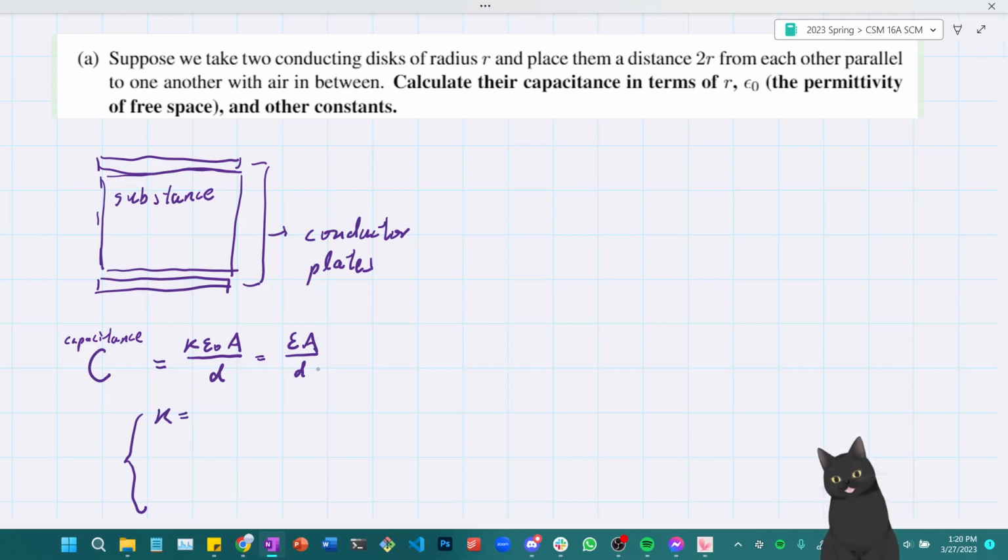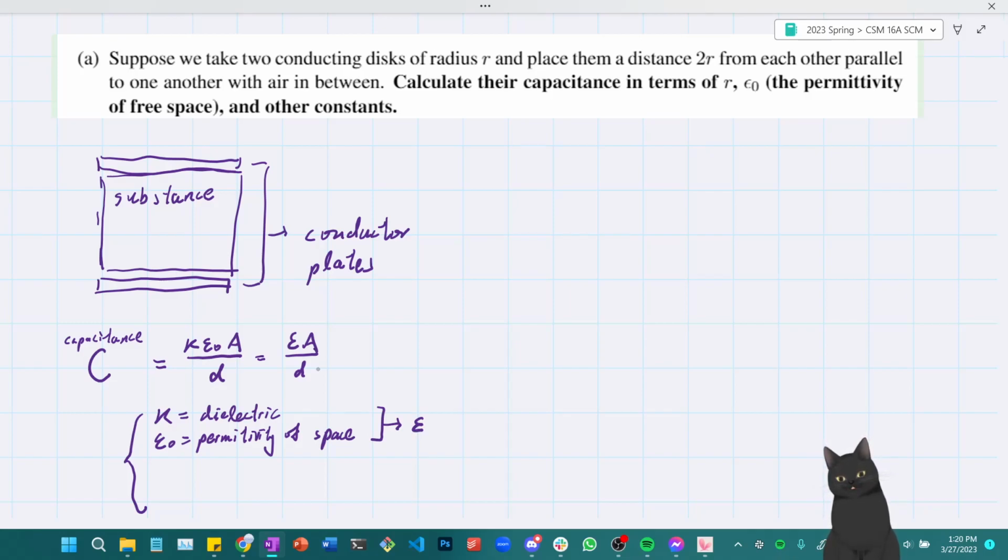Kappa stands for the dielectric constant, and epsilon naught means the permittivity of free space. These two combine together as a product into the variable we know as epsilon.